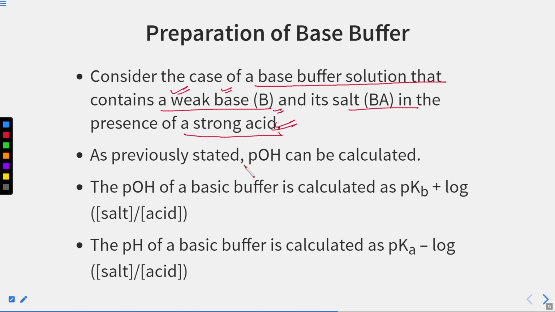As previously stated, pOH can be calculated. The pOH of the basic buffer can be calculated as pKb plus log of the concentration of salt upon the concentration of base. The pH of the basic buffer can be calculated as pKa minus log of the concentration of salt upon the concentration of acid.